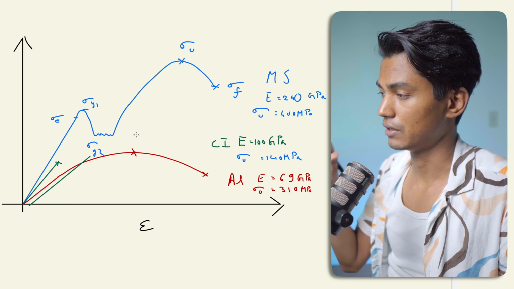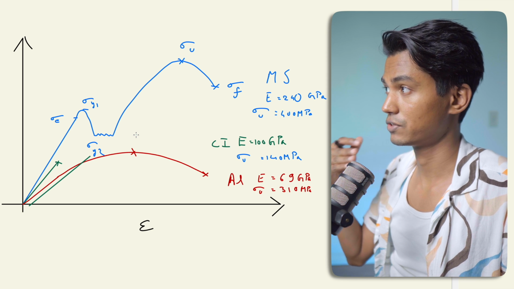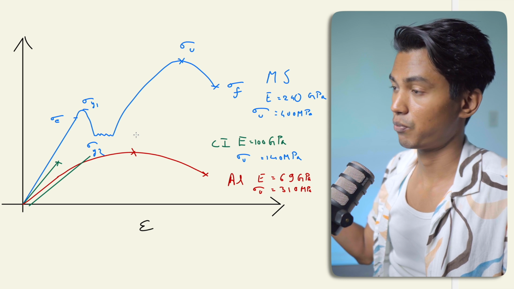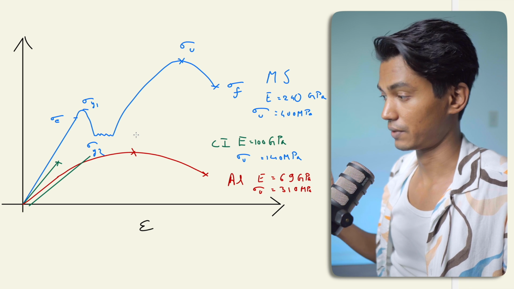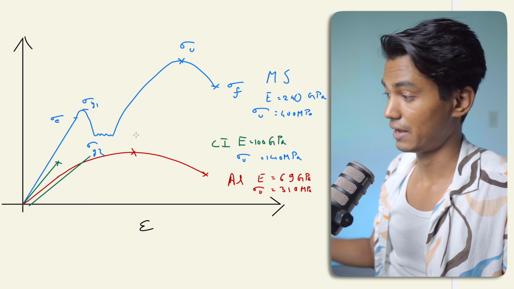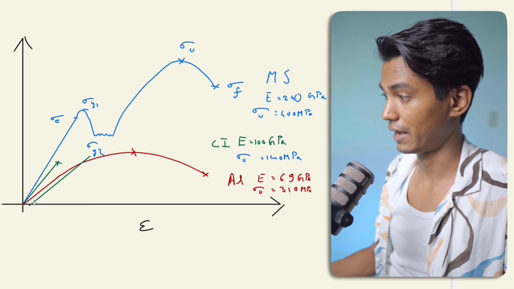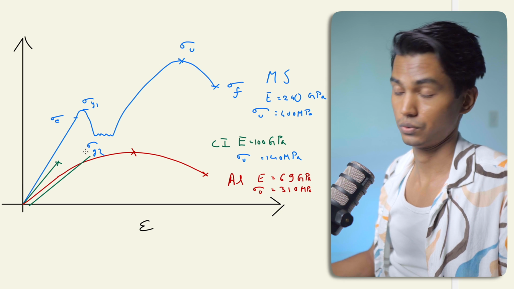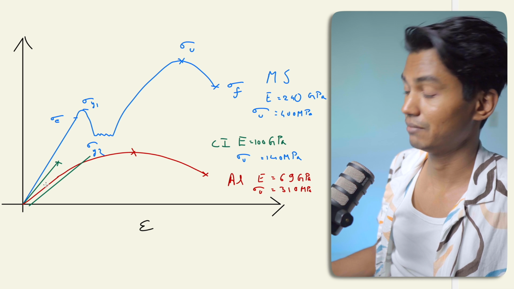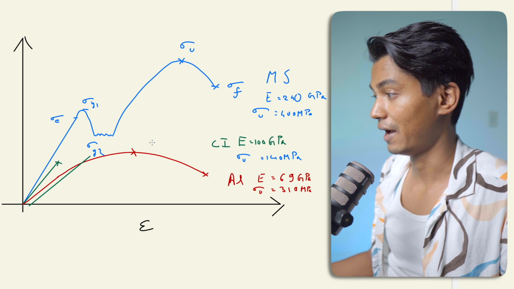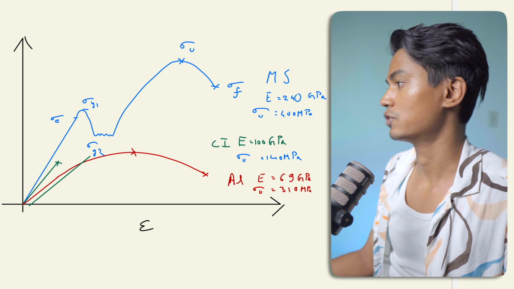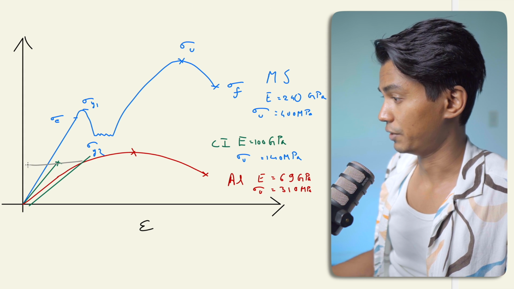Every specimen material will have a certain length, and you should take the 0.2% strain according to that length, plot it over here, and then draw a line parallel to the line of proportionality, a line with the slope of E, in this case 69. Wherever it intersects the curve, that's your yield point for aluminium.